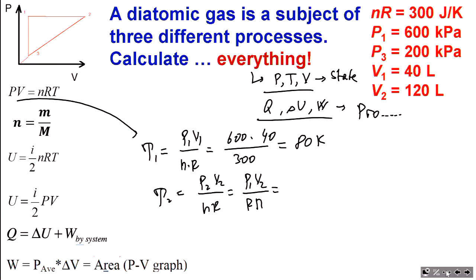And that again gives us 600 times new volume over 300. So that's going to be 80 times 3.